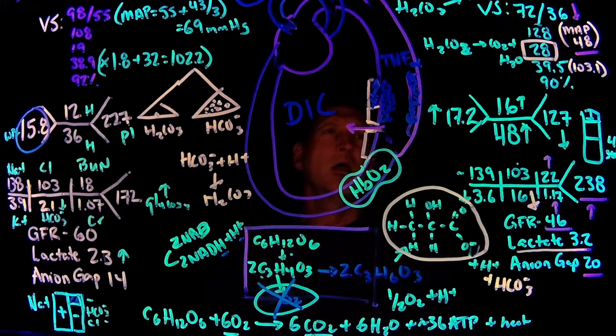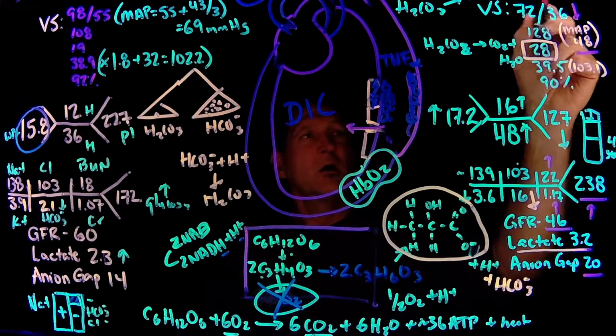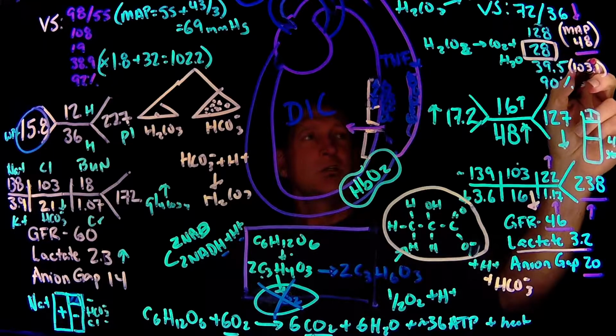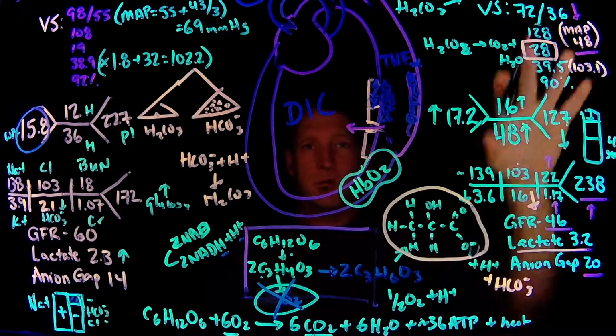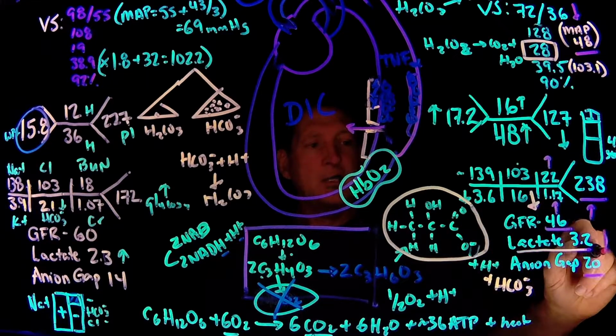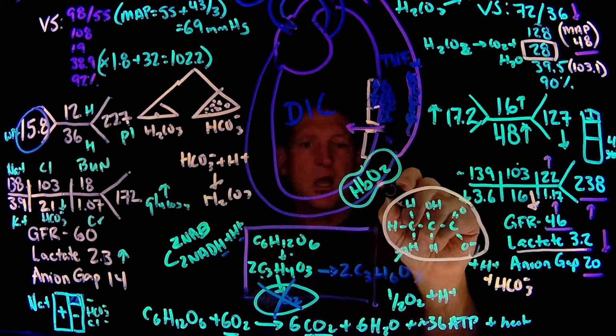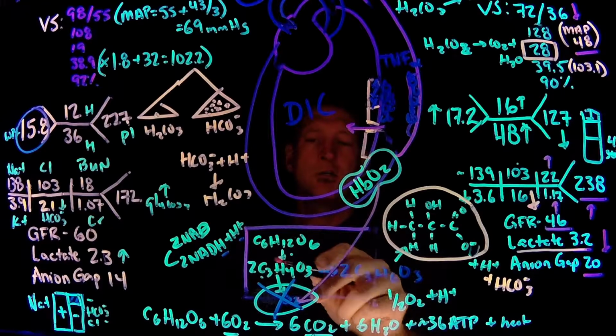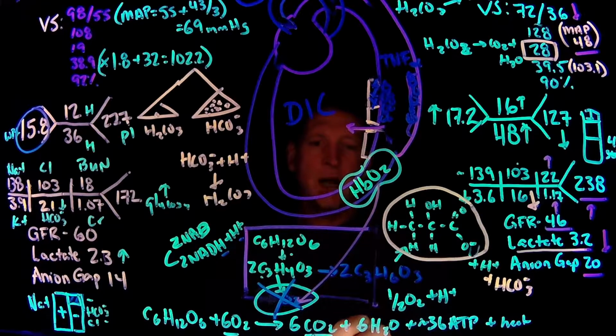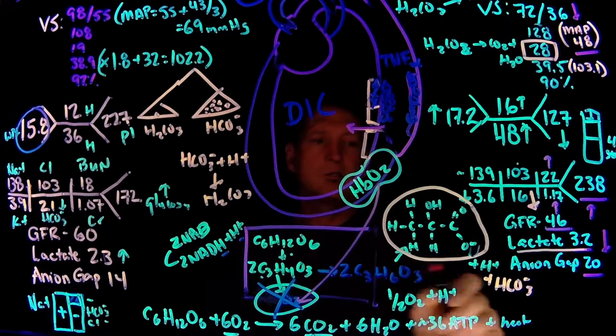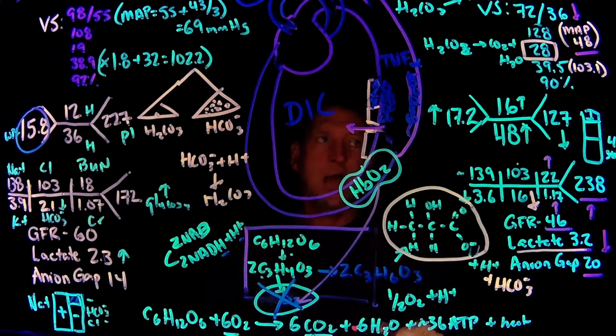But the other thing is we need to address our perfusion pressures. If we can get our perfusion back up, then our lactate levels will start to decrease as we perfuse these tissues again, and oxygen can go in and start oxidative metabolism to kick us out of glycolysis and the production of lactate.